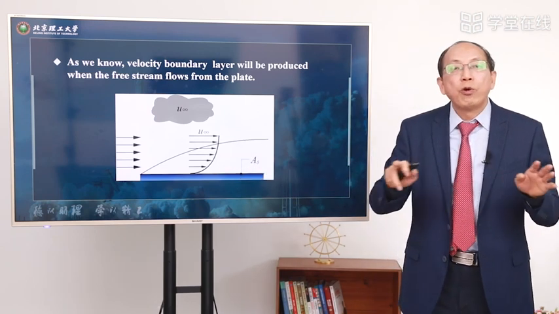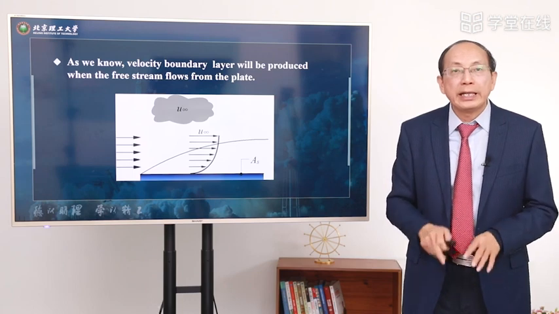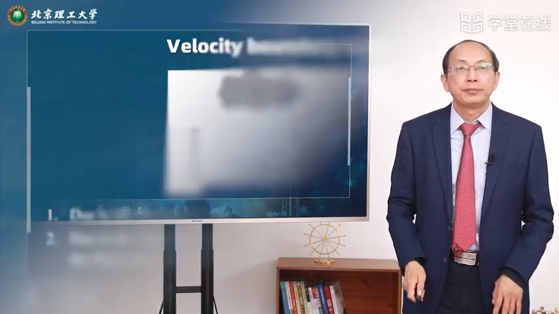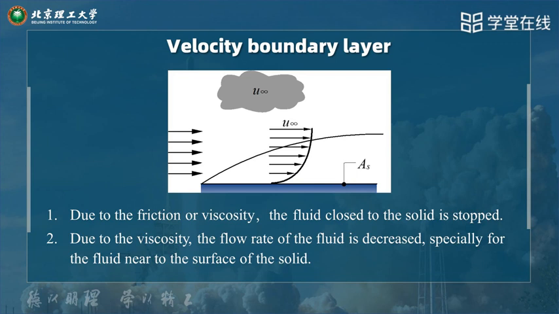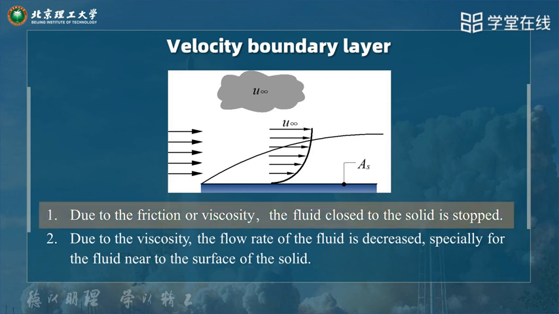So a boundary layer is formed. There are some reasons. Firstly, it is the friction or viscosity of the fluid. The fluid close to the solid is stopped because of the friction or viscosity in the fluid.